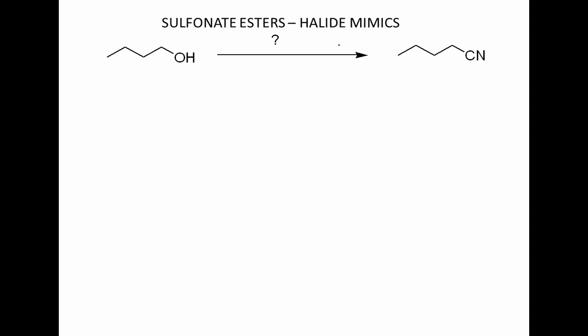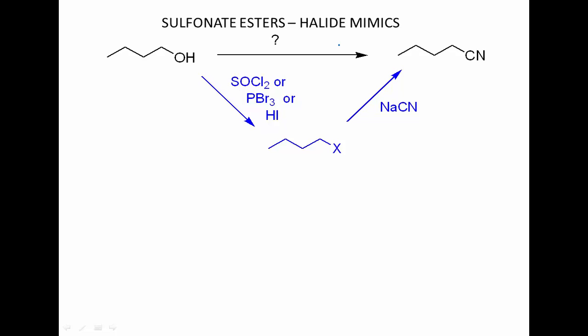Alright, so how do we do this? One way to do it is to turn it into a halide. Here we'll use either SOCl2 for a chloride, PBr3 for a bromide, or HI for an iodide. This will give us the halide, which we now know can do an SN2 reaction. This is a perfectly acceptable method to do this reaction.